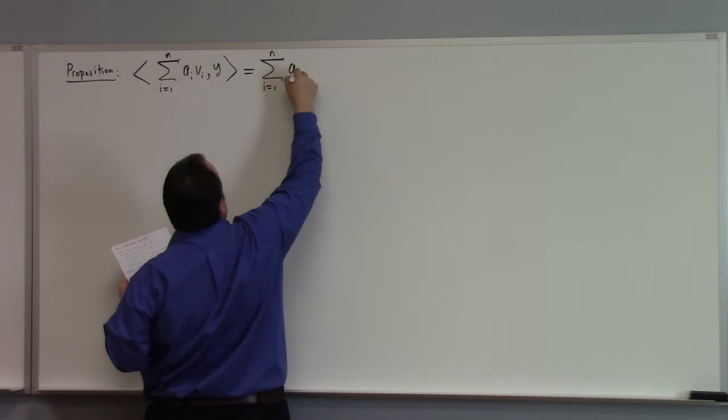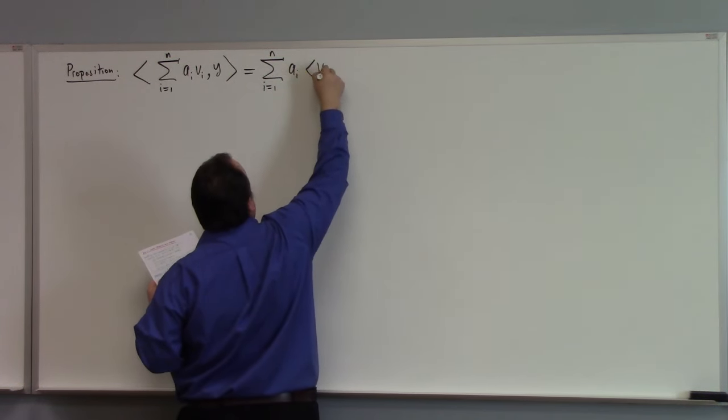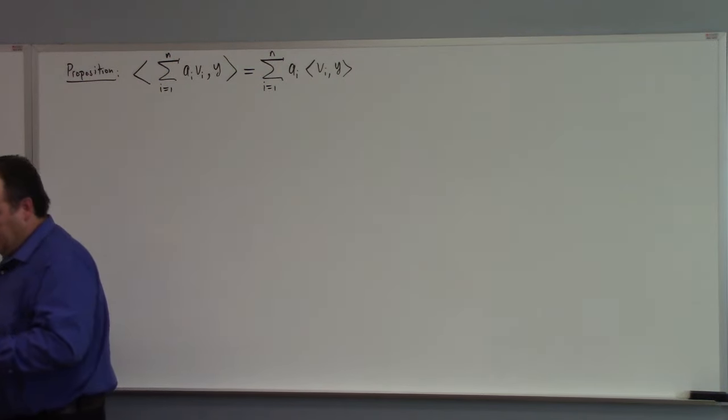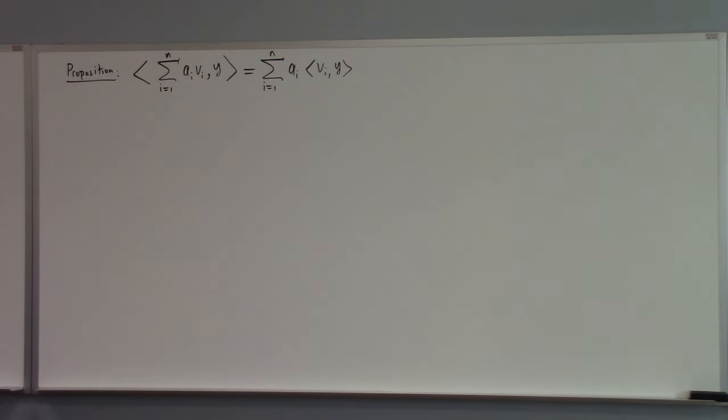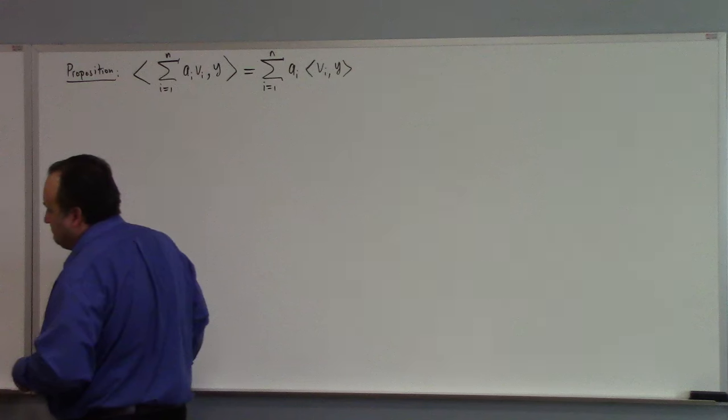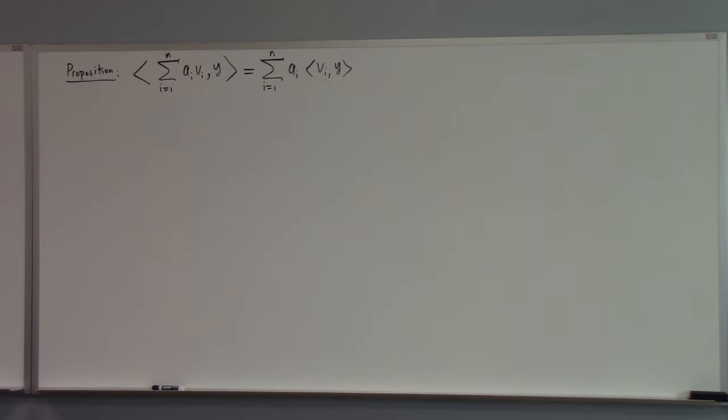We can pull out the constants, and we can just do like this, right? So linearity in the first component of the inner product naturally extends to finite sums, all right? If you can do it for 2 and you can do it for one constant, you can do it for many. The proof of the proposition is induction. All right? So let me show you some examples.